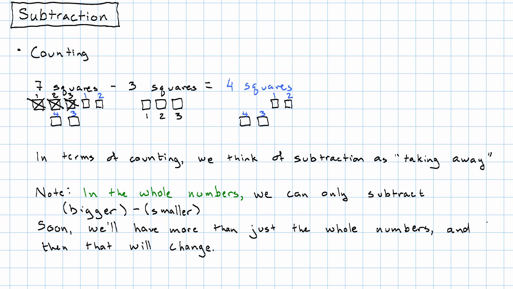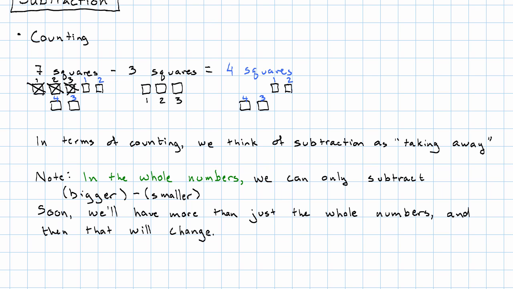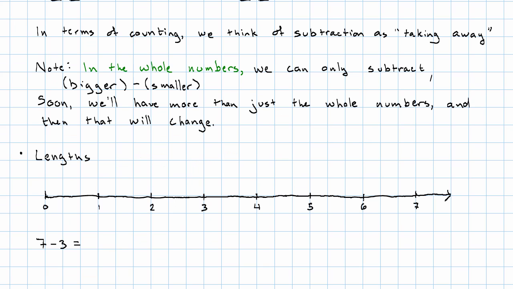How do we understand subtraction in terms of lengths? Again, we want to see, in terms of lengths, what is 7 minus 3. So I'm going to draw the length 7, and I'm going to draw the length 3.